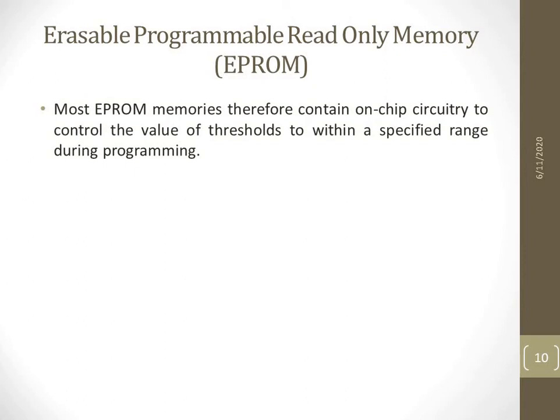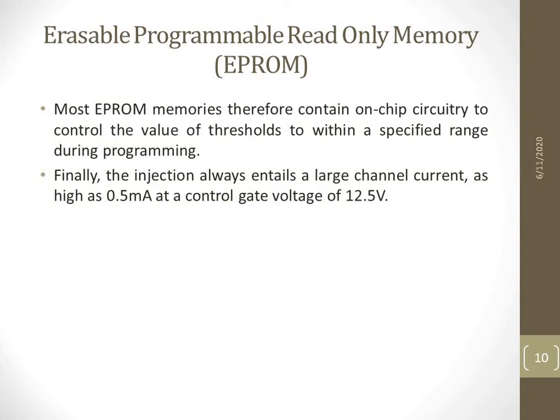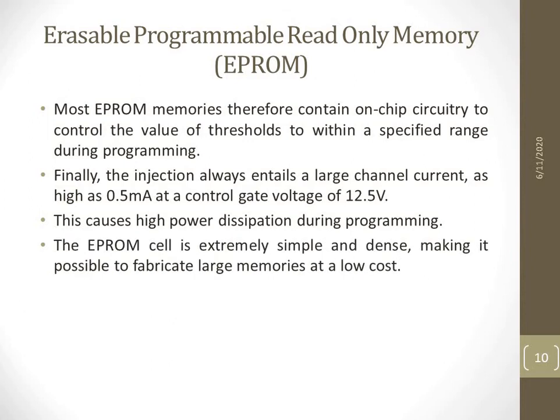So most EPROM memories contain on-chip circuitry to control the value of thresholds to within a specified range during programming. Finally, the injection always entails a large channel current as high as 0.5 milliampere at a control voltage of 12.5 volt. This causes high power dissipation during programming.